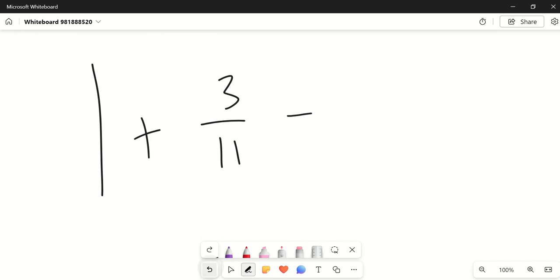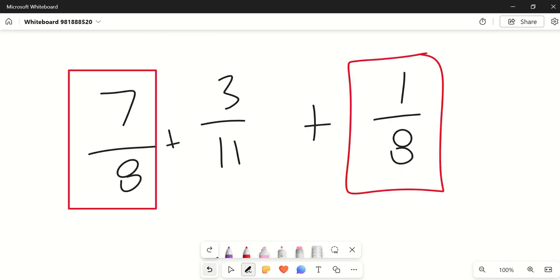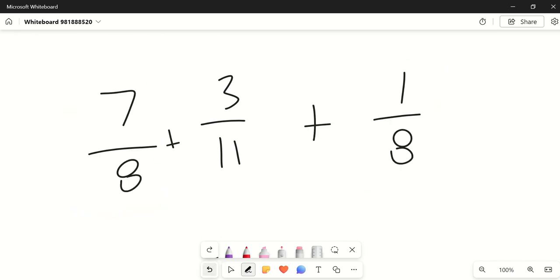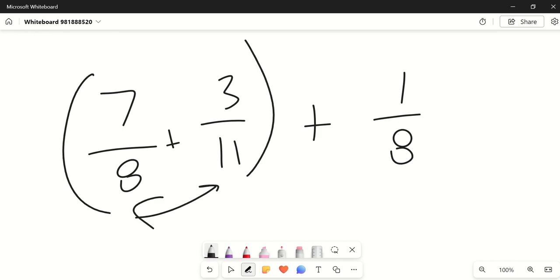Now, if I wanted to do it the long way, I could, but it's going to be a lot more confusing. I would need to convert both of these to have the same denominator, which would be 88. Therefore, it would be 77 over 88 plus 3 times 8 is 24 over 88.